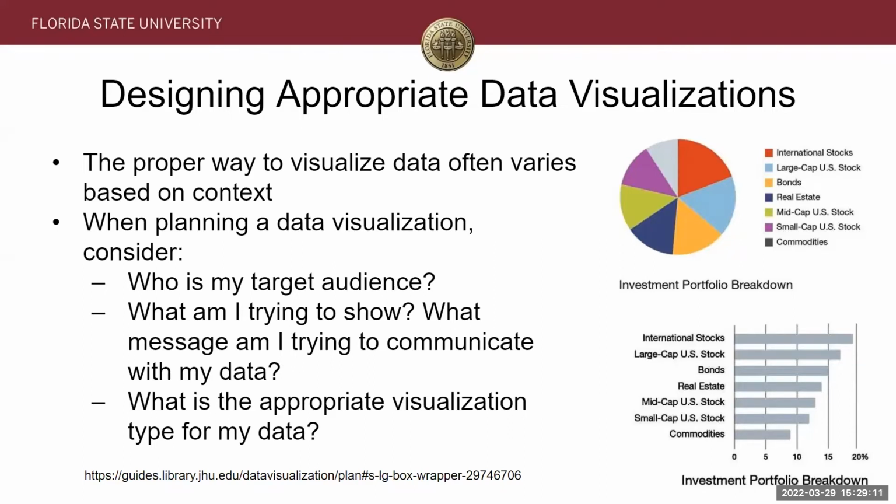And then, what is the appropriate visualization type for your data? So we've talked about a few different visualization types, and there's many more out there. A lot of these can work for different data sets.